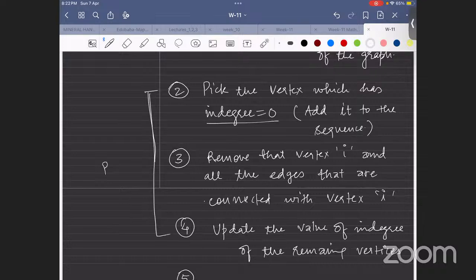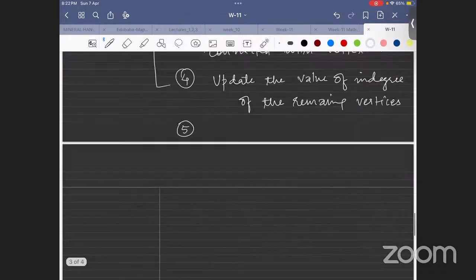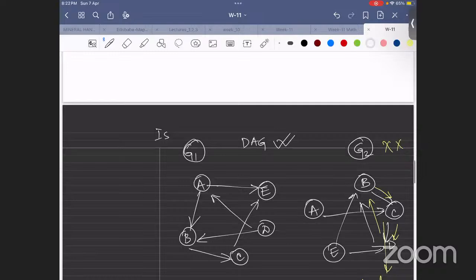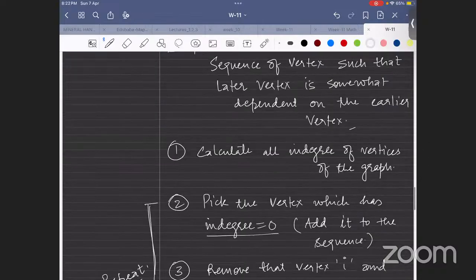Let's take the same example that we were dealing with. We'll try to write the topological sorting for this.